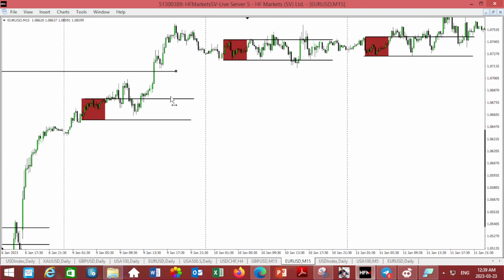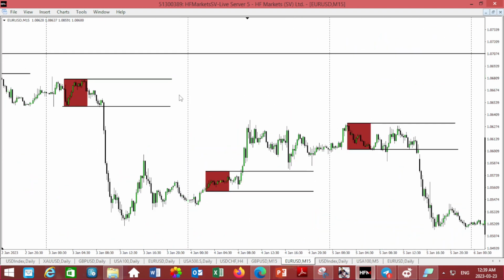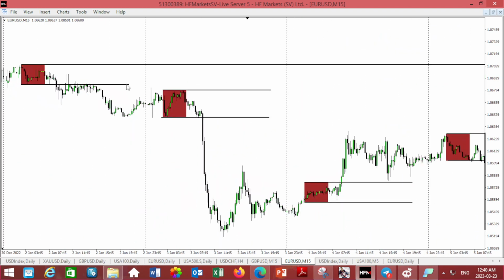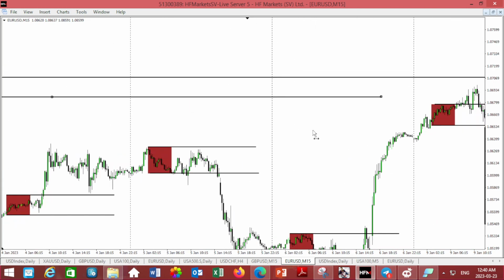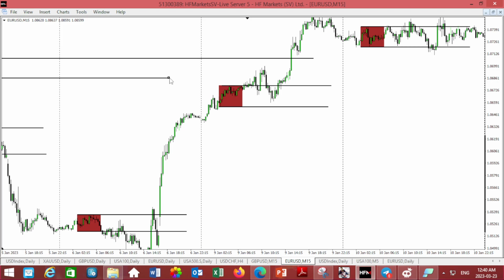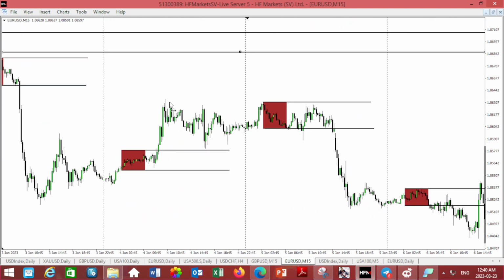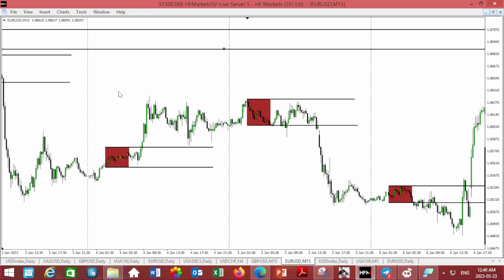You can see there how price came back into it, they hit it, and I'm going to project the low of it here. I'll project the low there. You can see how price came and filled that. It filled that range, and it can keep doing that over and over again.